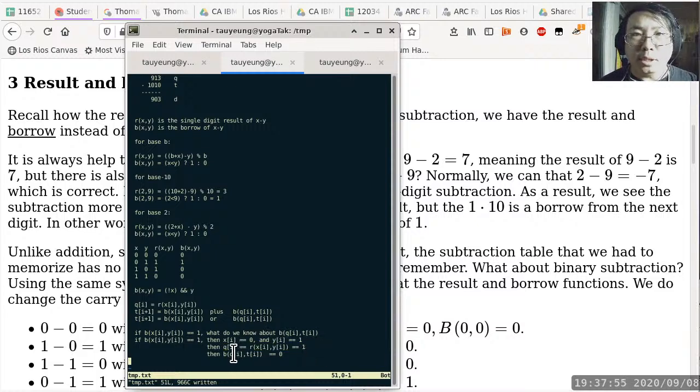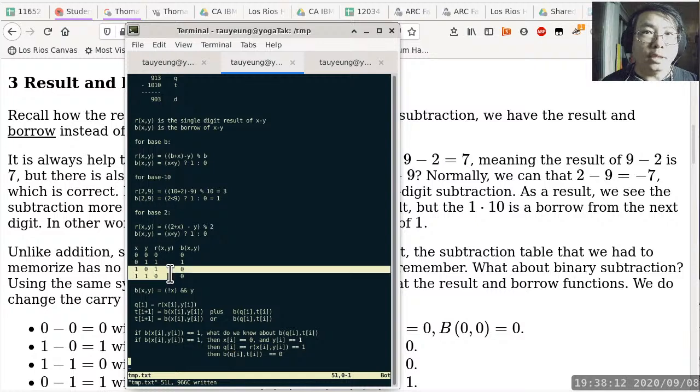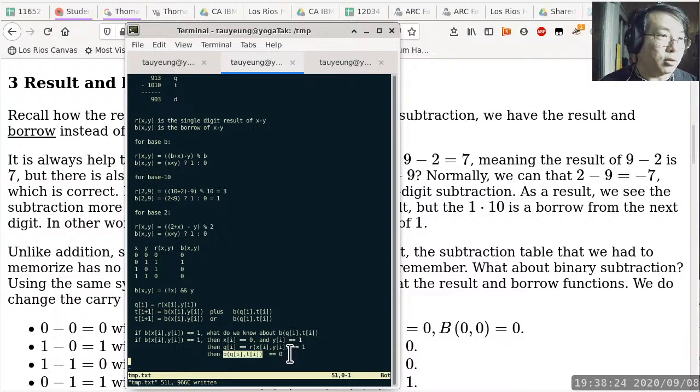So that means in the borrow function, this one, let me highlight just the one part that I want. So we know that is going to be a 1. But when you look up the truth table, whenever x is a 1, the result of borrow is guaranteed a 0. So that's why we can now guarantee the b of qi is a 0, no matter what ti is, because we know qi is a 1 already.